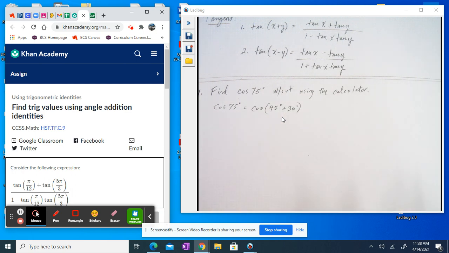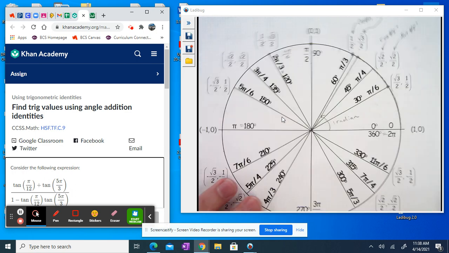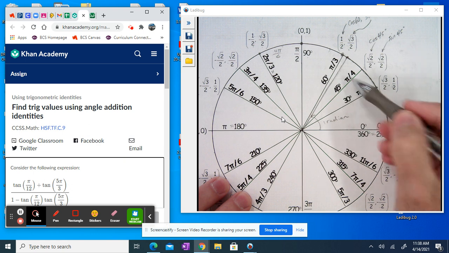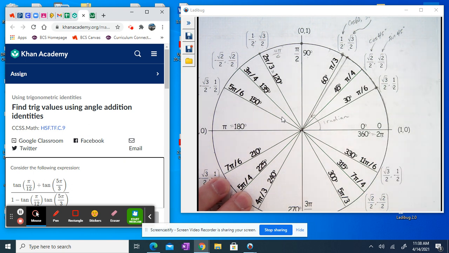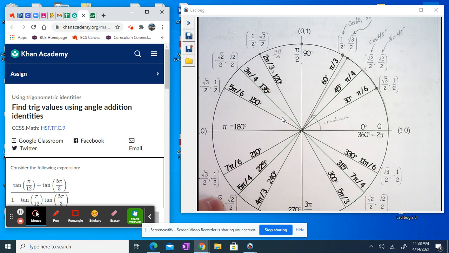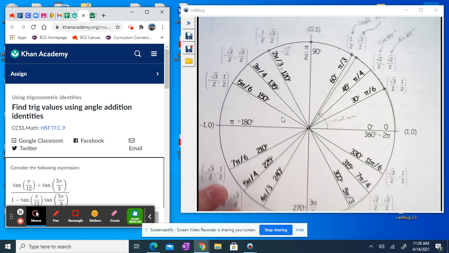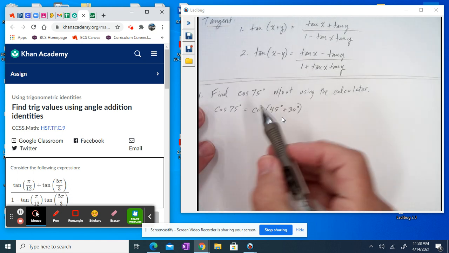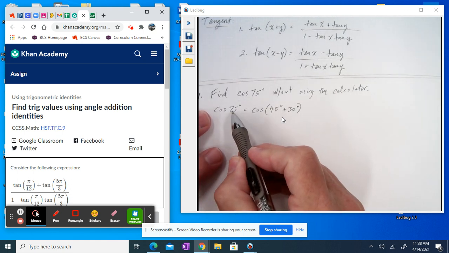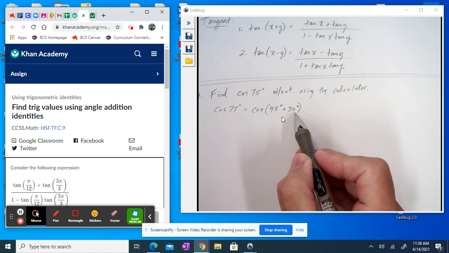Now those two are on here. 45 degrees and 30 degrees are on the unit circle, which most people that worked with trigonometry would have memorized.